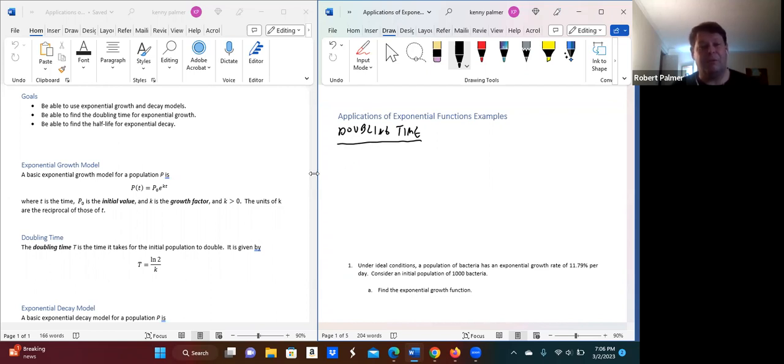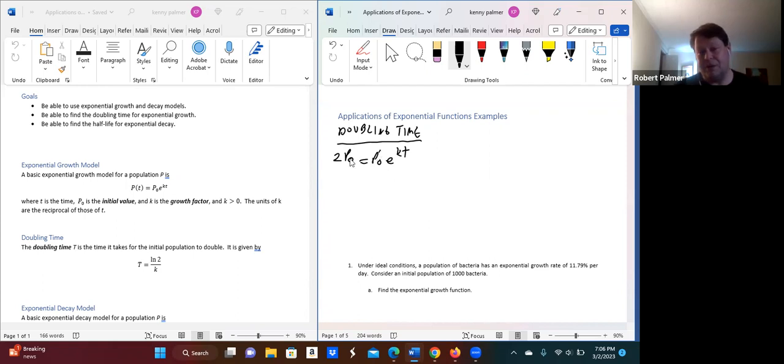Remember, we're starting with, on the right side, P0, which is our initial amount, times e to the kt. If you want to know when it doubles, it has to be twice the initial amount, or 2 times P0. You want to find out how long it takes to get to this.